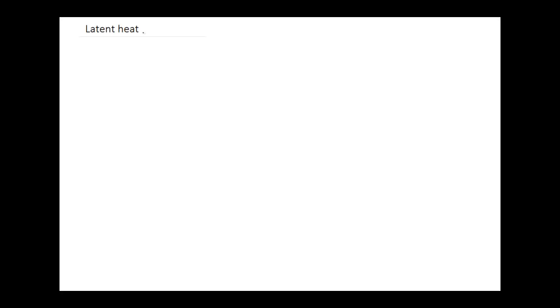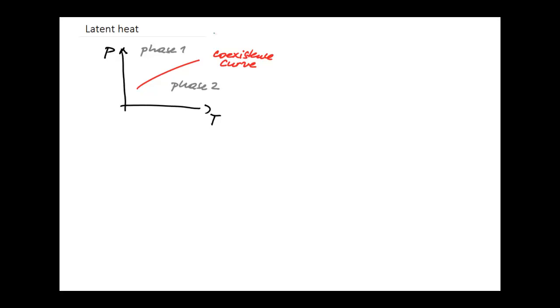Let's consider this TP diagram with the coexistence curve, where above the coexistence curve you have phase 1 and below you have phase 2.